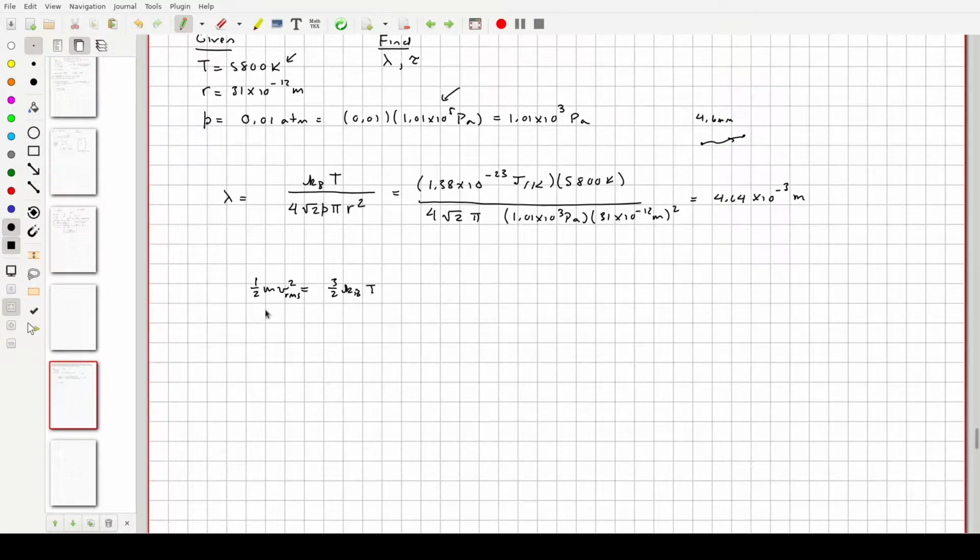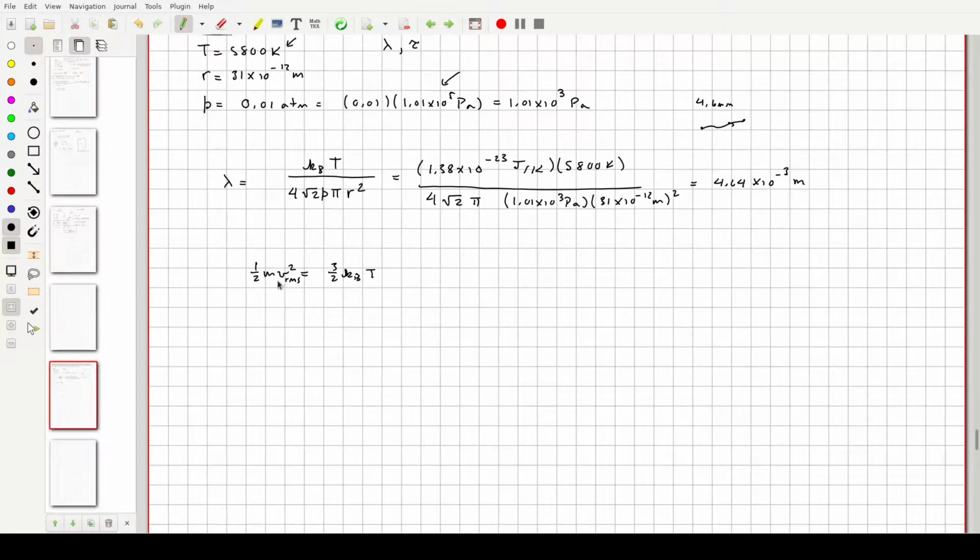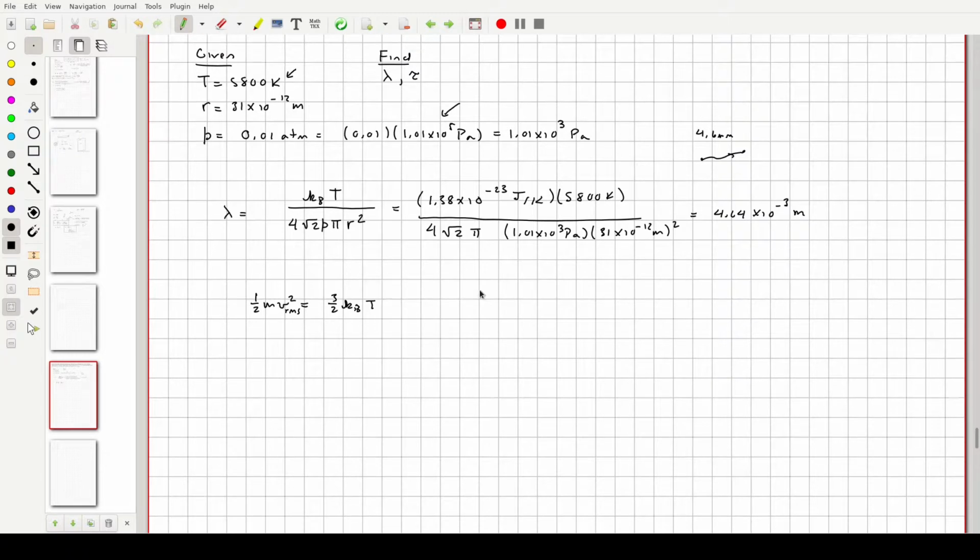So let's just go ahead and find VRMS, noting the fact that the mass of a helium atom is 4 atomic mass units, or 4 times 1.66 times 10 to the minus 27th kilograms. That's right.